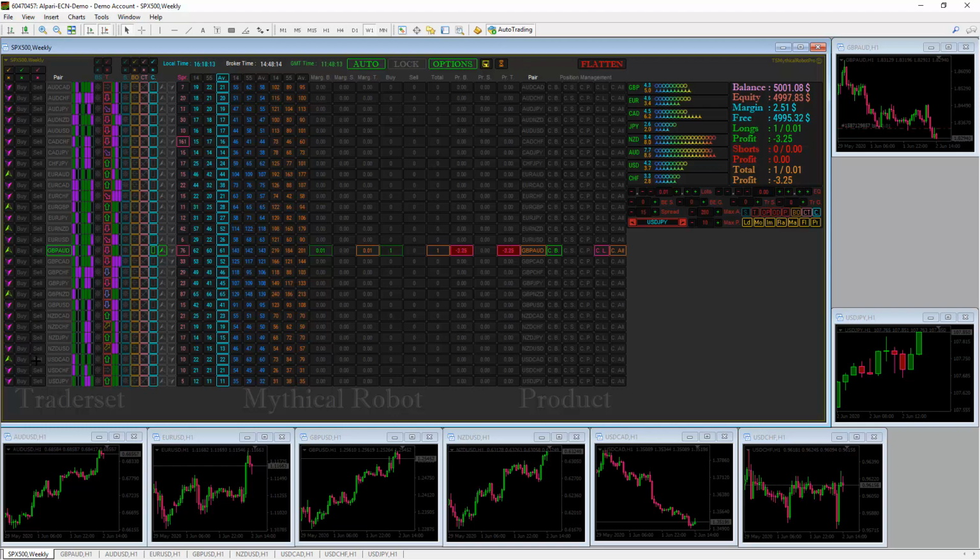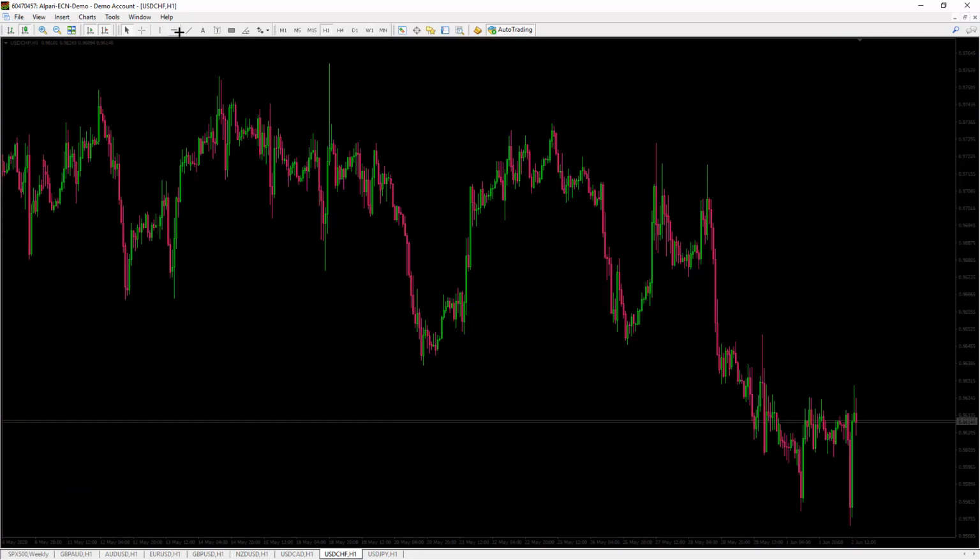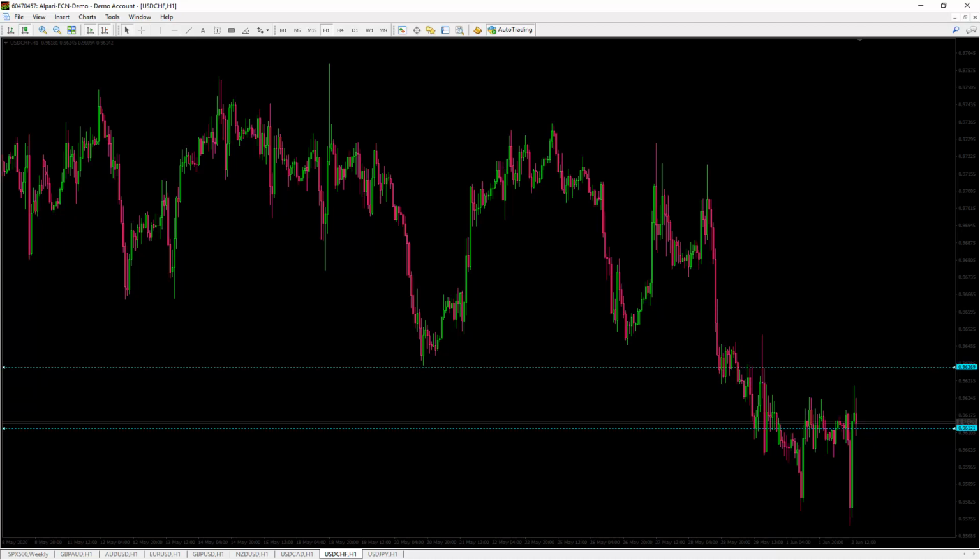For example, if you take a look at USD CHF right now, it says that it will go down. Well, we can predict that the market is sideways and it can go down, but this is an hourly chart. The chance is that it will hit a support level somewhere around here and then go all the way back to here.